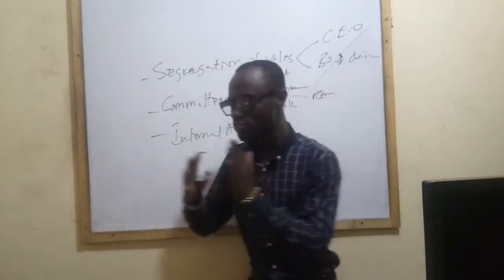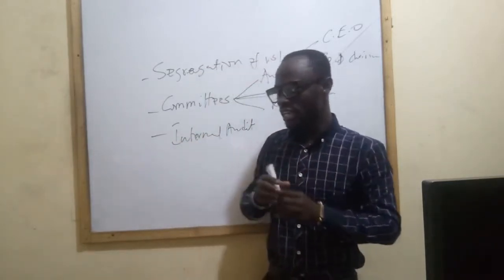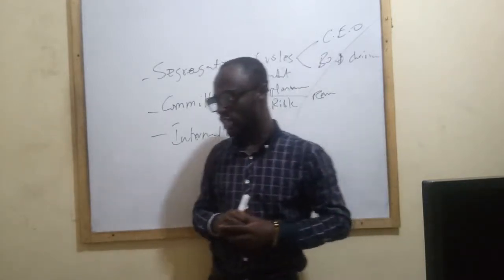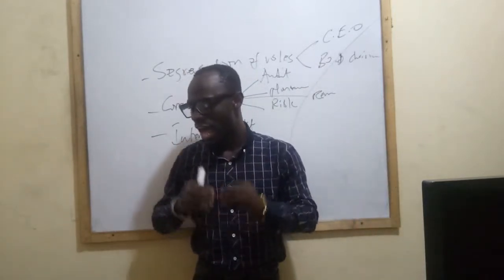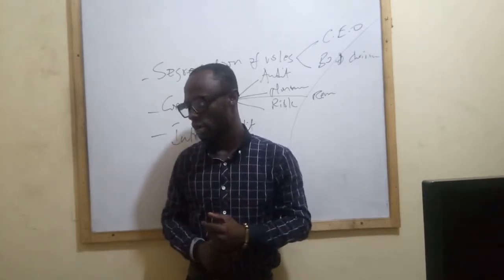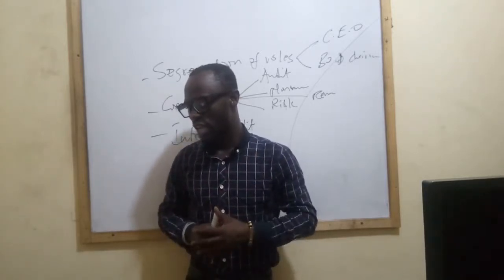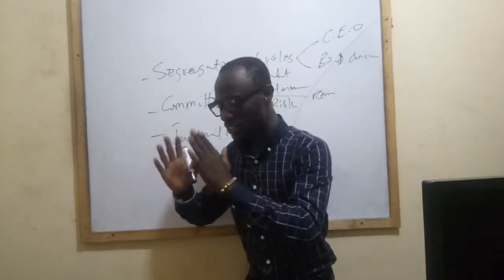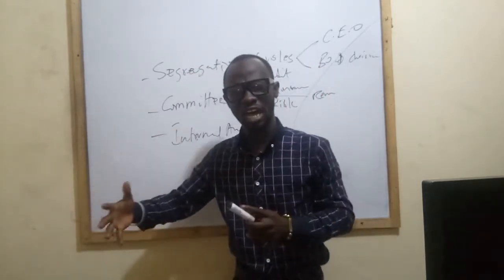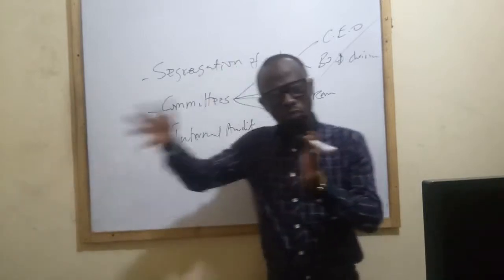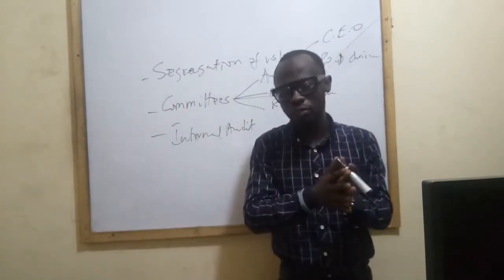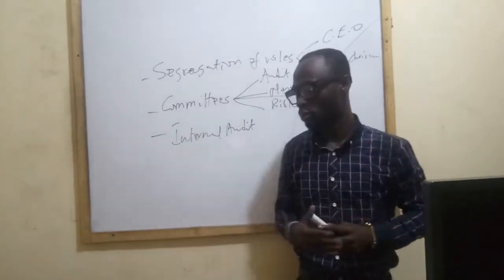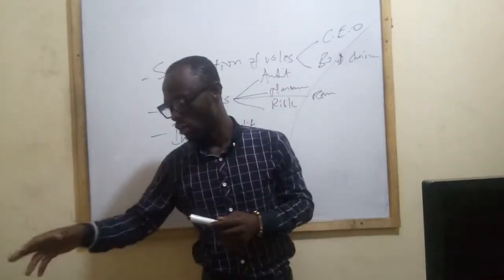So best practice suggests that the audit committee should, one, ensure that the internal auditor has direct access to the board chairman and to the audit committee and is accountable to the audit committee. So the internal audit department must report to the audit committee, and they must have a good communication relationship with the board chairman and the management of the organization.